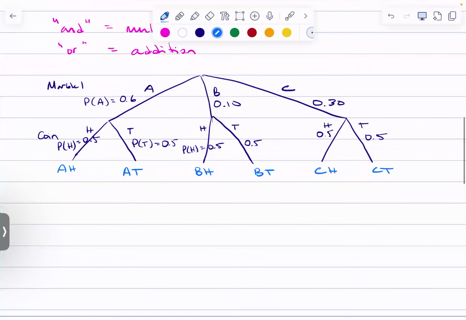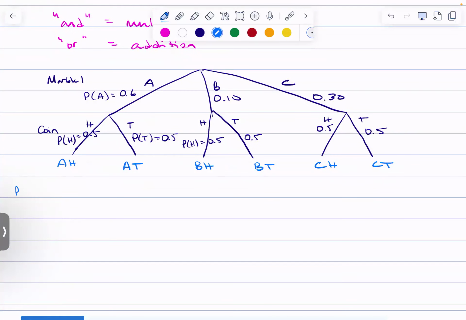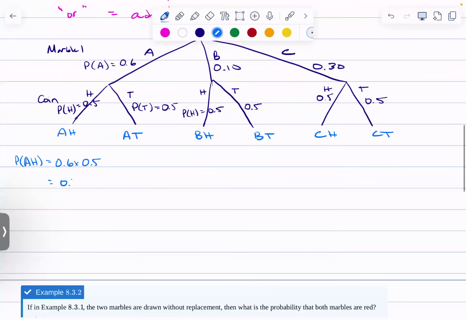So if we go through and the probability of AH is 0.6 times 0.5. These are still probabilities, and so they still have to be between 0 and 1. If you're finding something that's not between 0 and 1, then something has gone wrong. But I get 0.3, which means that the other branch would also be 0.3, right? 0.6 times 0.5 again is 0.3.